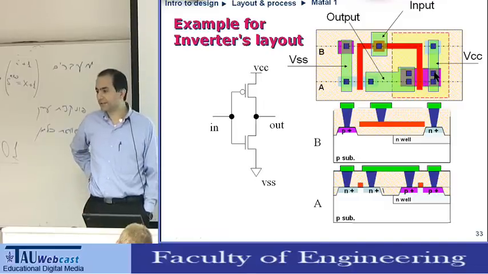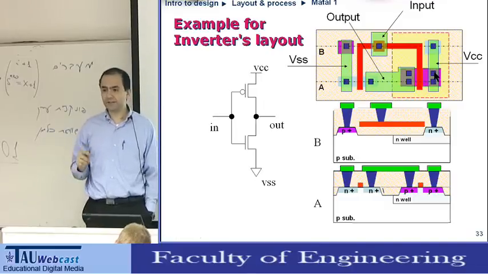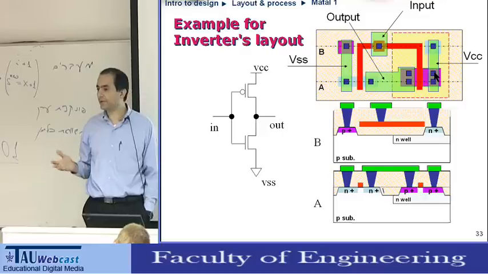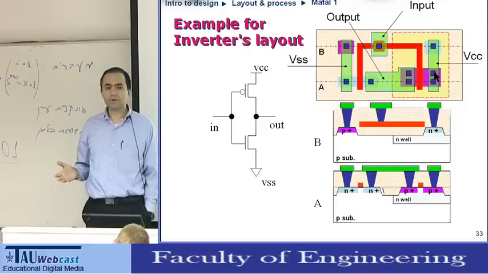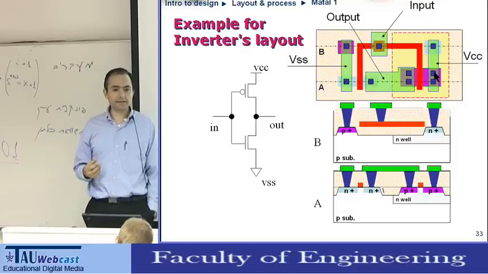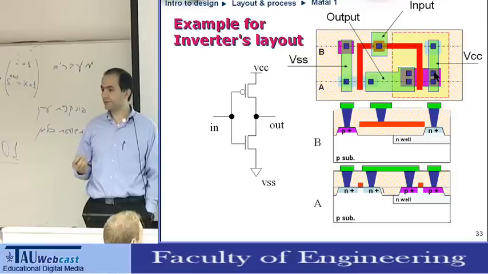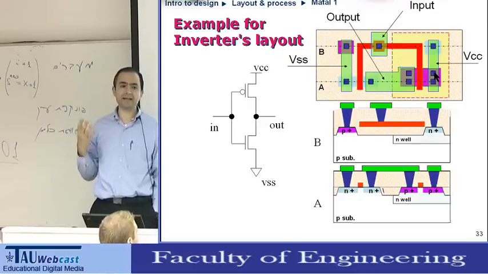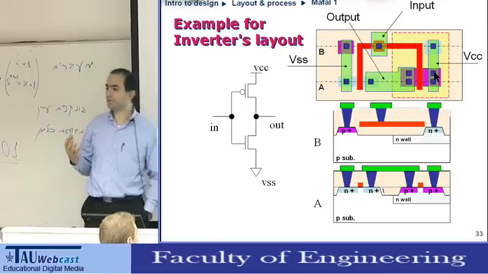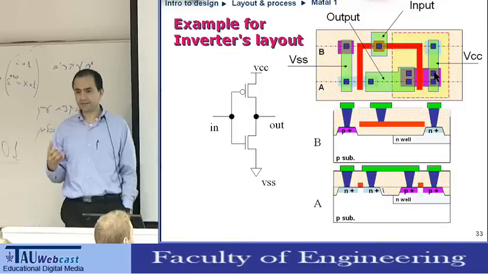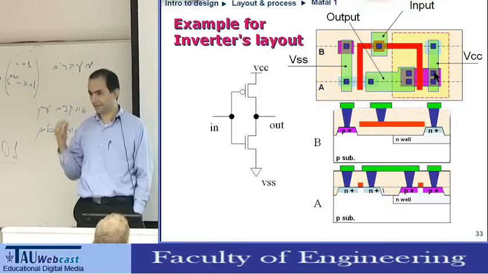If one of the contacts is blocked, the other contact will still be there and the transistor will operate normally. So we have the second contact as a redundant contact to the first. Wherever we can, we try to put more contacts, and not save on contacts.